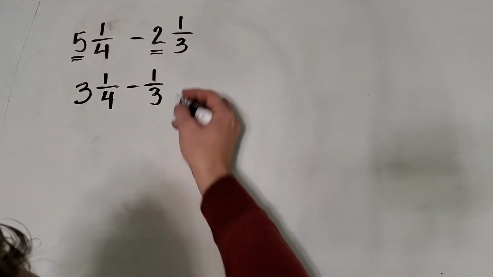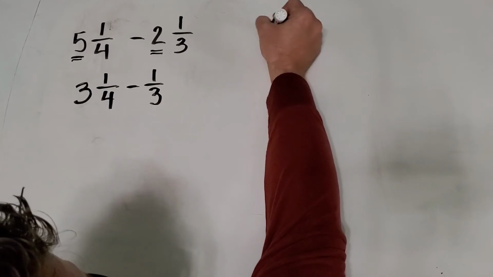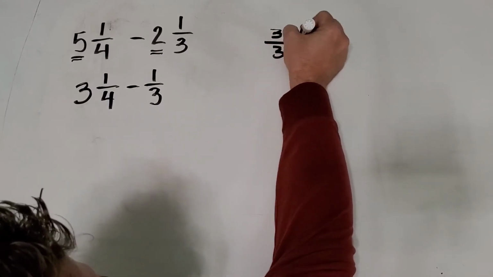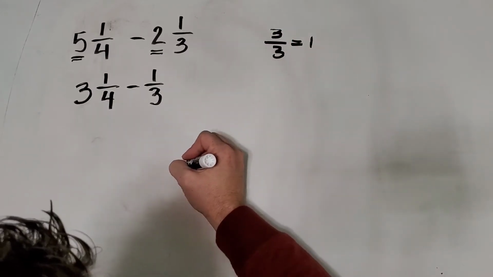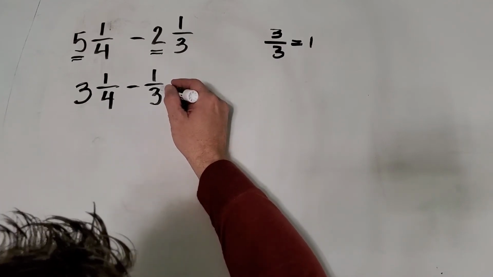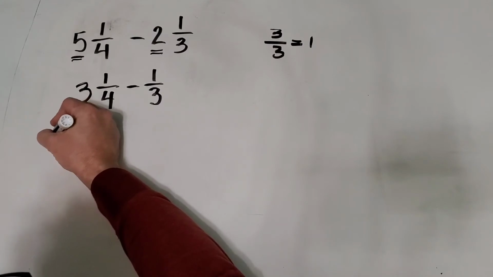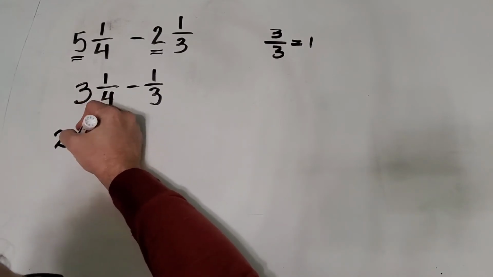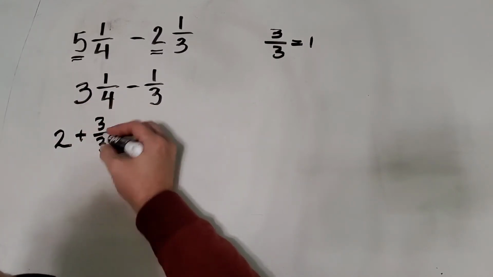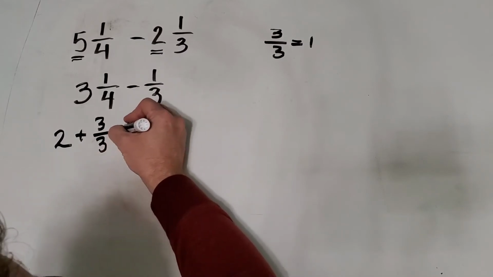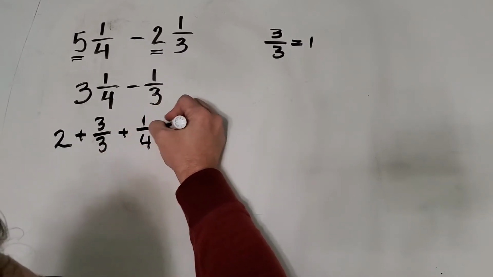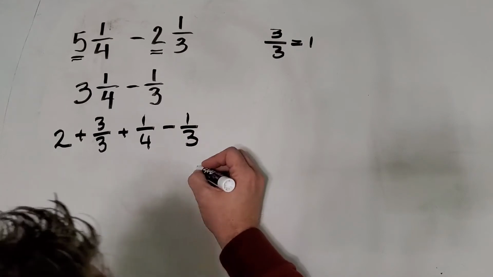Now I also know that it takes 3/3 to make a whole. And I want to take 1/3 away. So I can say that I have 2, I have 3/3, there's my 3 wholes, and my 1/4, and I want to take 1/3 away.